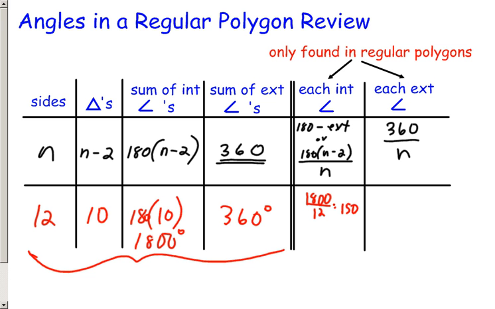Or I could find the exterior first, 360 divided by 12, which is 30, and then take 180 minus 30 and get 150 that way. Either way, a regular dodecagon has interior angles of 150 and an exterior angle of 30. That's one of the things you need to remember from chapter 7, I believe. Or maybe it was chapter 11. I think maybe 11.1 now that I think about it.